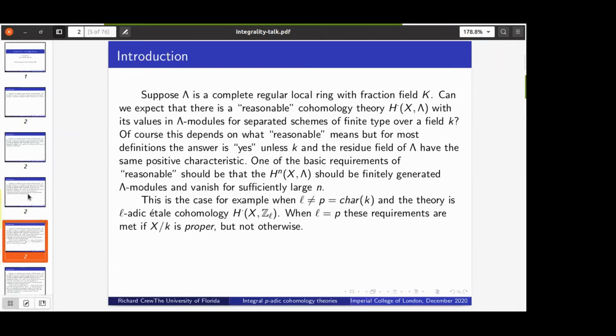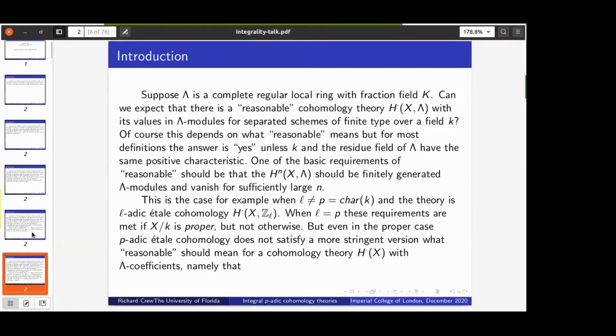This is the case, for example, when l is a prime distinct from p, which is the characteristic of k, and the theory is l-adic cohomology, H(X, Z_l). When l is p, in other words, when we are talking about p-adic cohomology, these requirements are met, provided that X is a proper k-scheme, but not otherwise.